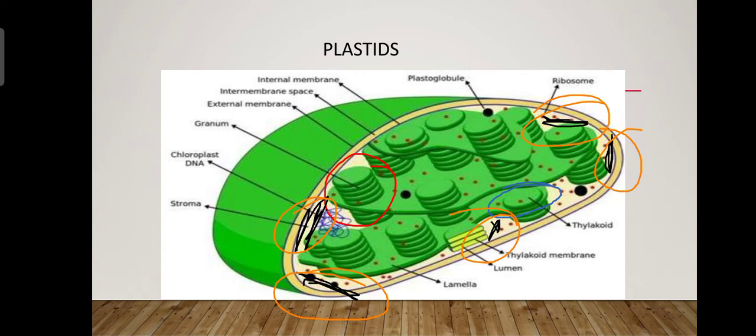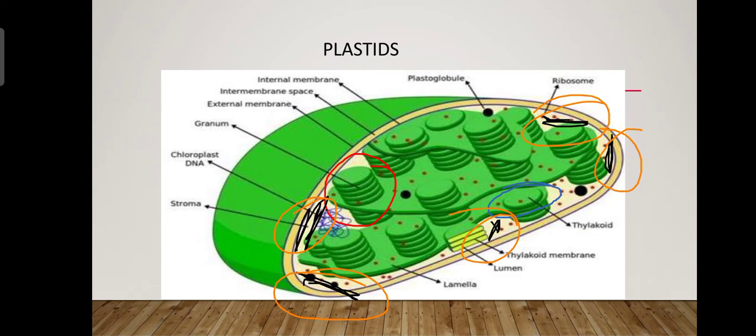So one form of plastid can change into another. For example, leucoplast change into green plastids when they are exposed to light for a long period. Similarly, chloroplast can change into leucoplast in the continued absence of light.